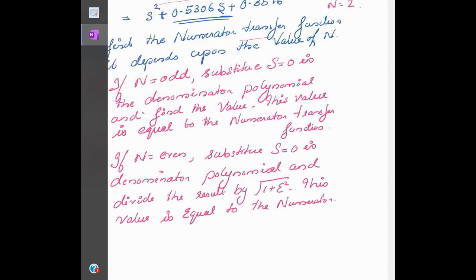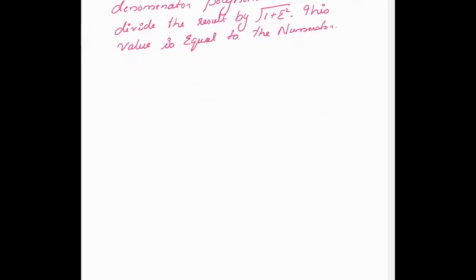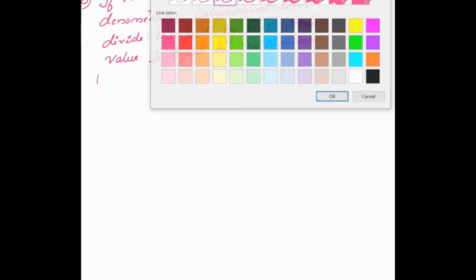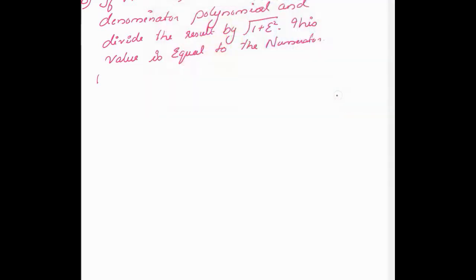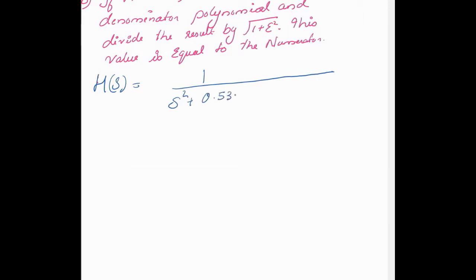So what we got over here now is that our n value is even. Our denominator polynomial that we got is H of s is equal to 1 divided by s square plus 0.5306s plus 0.3516. This was your denominator polynomial.